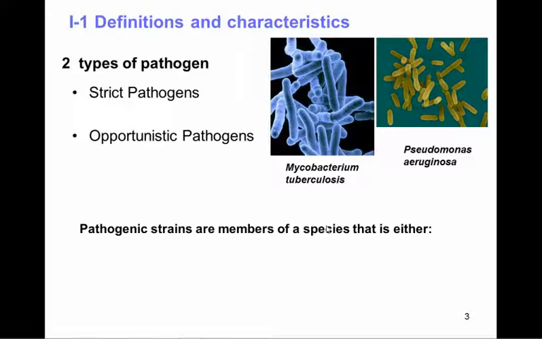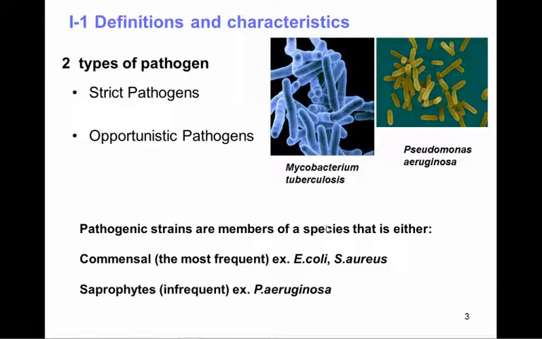Now, their basic lifestyle is either as commensal bacteria, which is the most common situation. So Escherichia coli, Staphylococcus aureus, they're commensal bacteria that live in us and on us. And some strains can become pathogens.